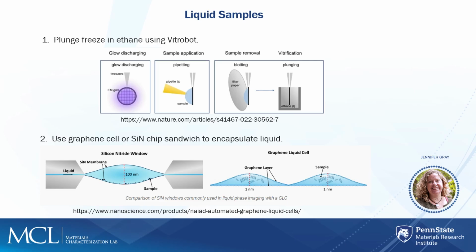This would be for static liquid samples usually, whereas with a silicon nitride liquid holder, you can actually flow liquid into that as opposed to just doing static liquid. But with the graphene sandwich samples, you have a very thin layer of graphene that's going to maybe let you get better resolution because you're not going to be affected by that thicker silicon nitride window.